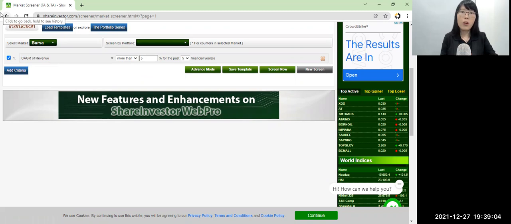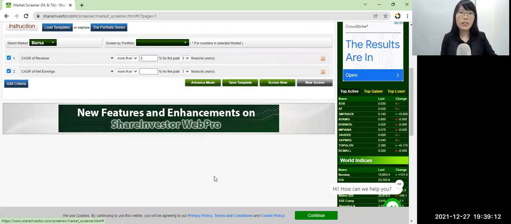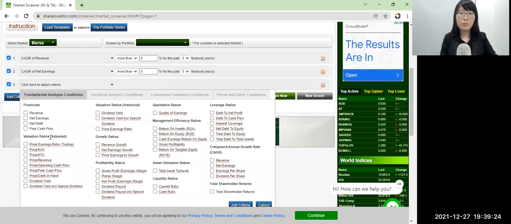Then you can add more criteria. You can select add criteria, CAGR for the net earnings, more than 5% for the past 5 years. Then you still can add criteria. Maybe you can add current ratio, okay?